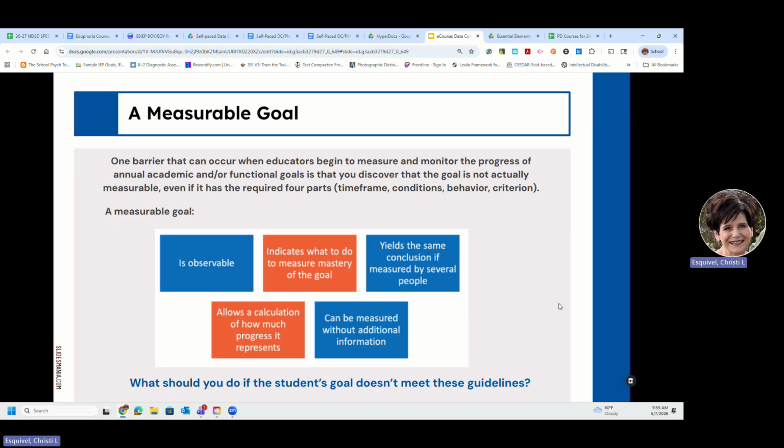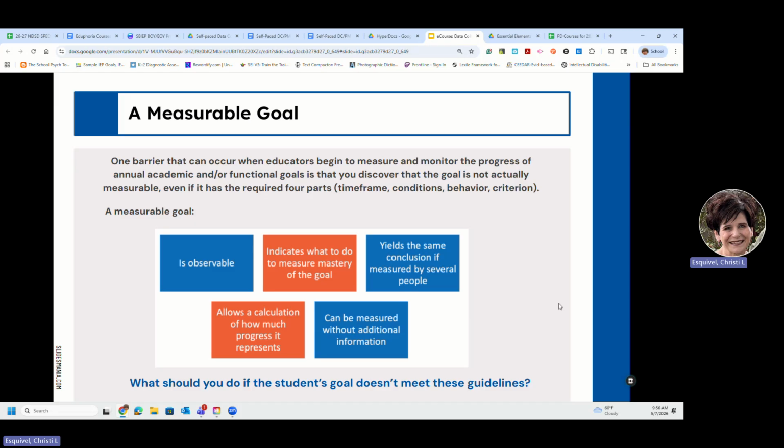In order to calculate how much progress will be made, the PLAF must provide baseline data. Baseline data should be objective so that it can be observed and measured in the same way over time. The same measurement method must be used when collecting baseline data and developing goals.